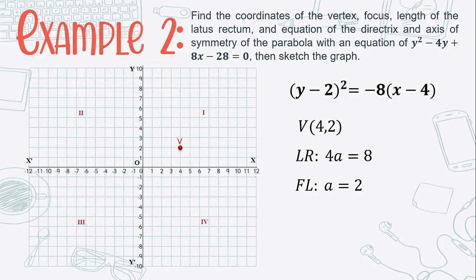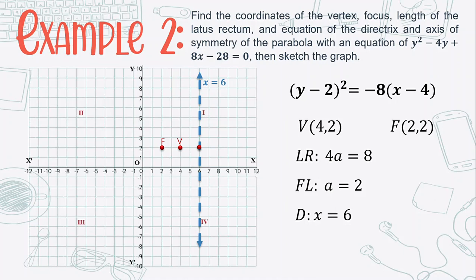If our vertex is at 4, 2, then we move 2 units to the left, and the coordinates of our focus are positive 2, positive 2. We can also move 2 units to the right of our vertex to find our directrix. Now we have the point for our directrix, and the equation of our directrix will be x is equal to 6.